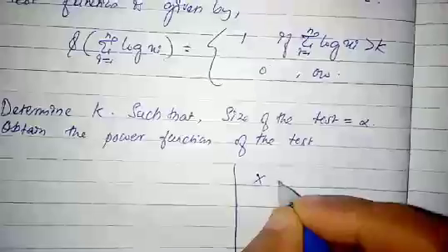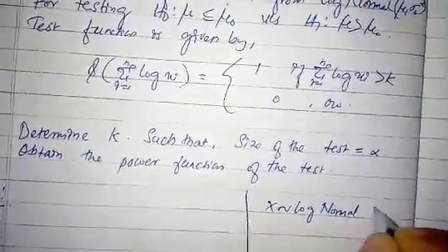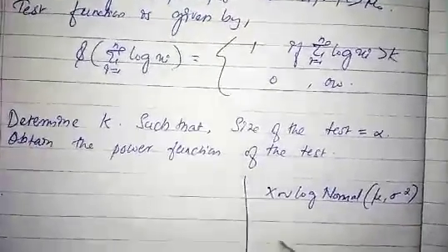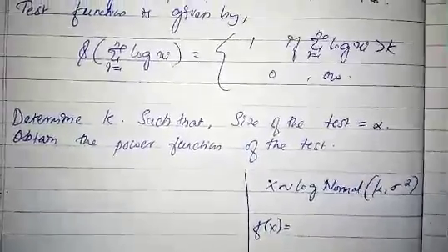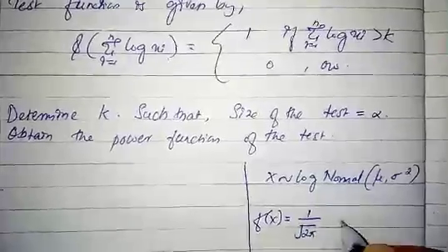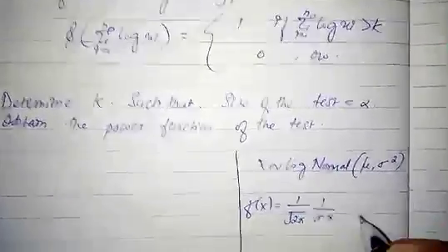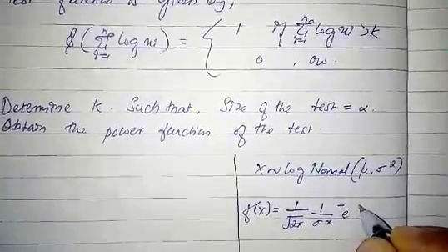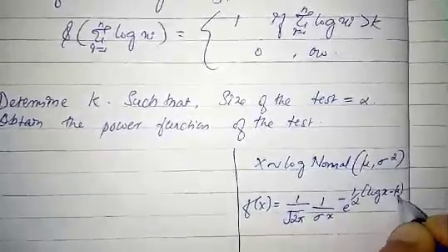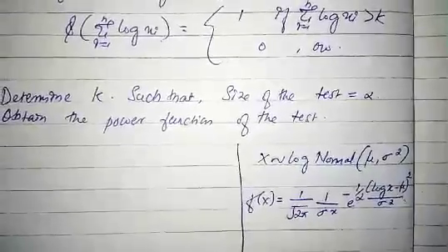If x follows a log normal with mean mu and variance sigma square, then PDF of log normal is 1 by square root of 2 pi, 1 by sigma into x, e power minus 1 by 2 log x minus mu whole square divided by sigma square, right?